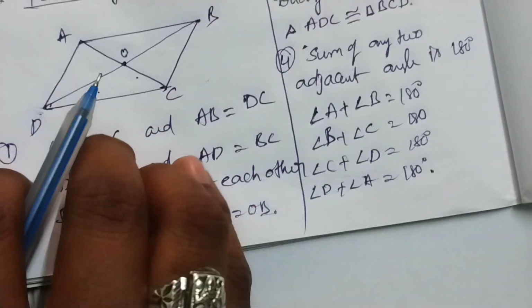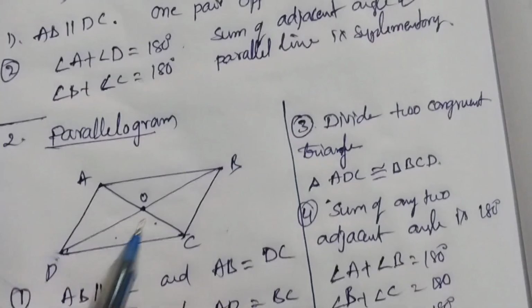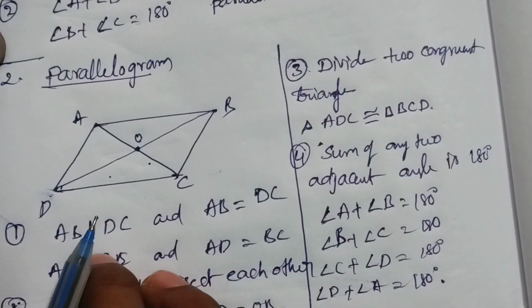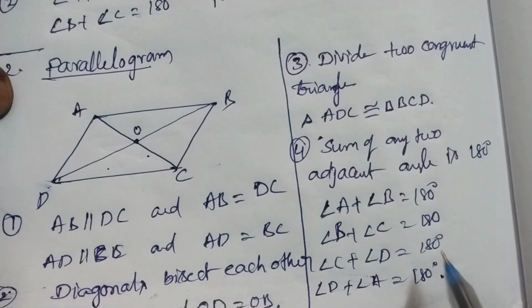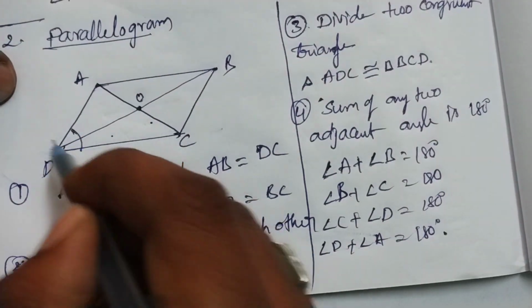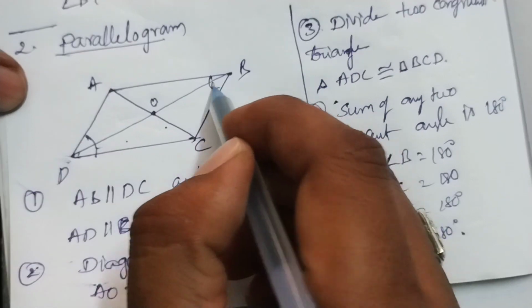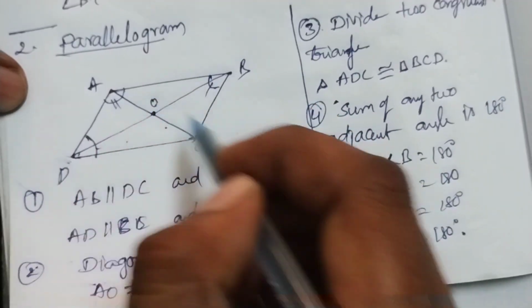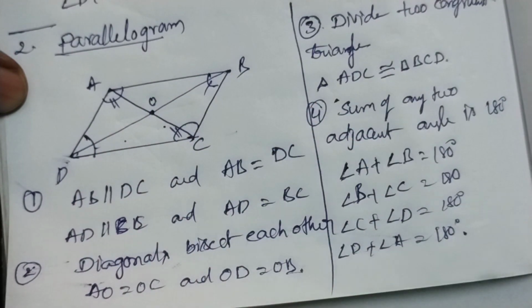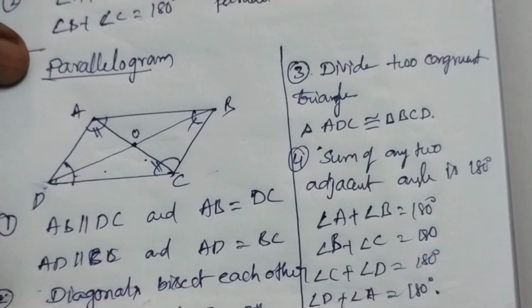This is the angle sum property. And the fourth point is that opposite angles are equal. For example, angle D is equal to angle B, and angle A is equal to angle C. These are the properties of a parallelogram.